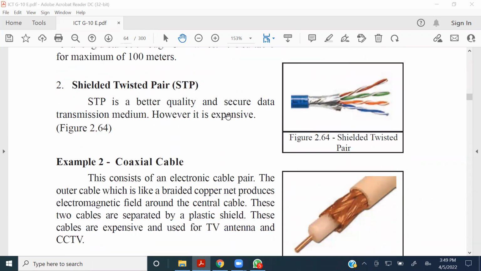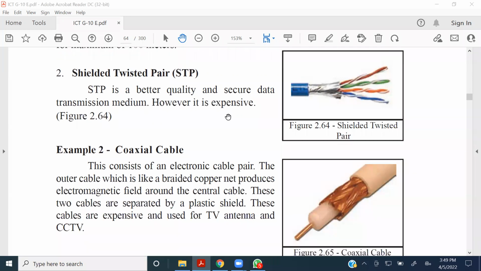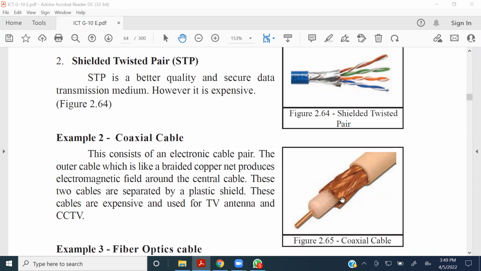And the coaxial cable, on the other hand, is a kind of cable which can communicate for a greater distance compared to the twisted pair cable. It uses a very thick copper cable right at the center of this particular cable, as you can see.